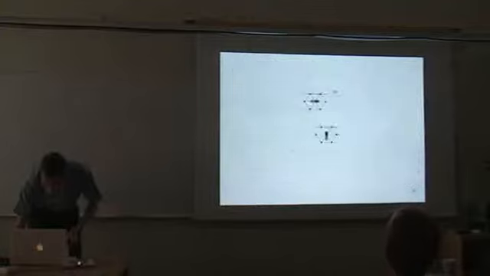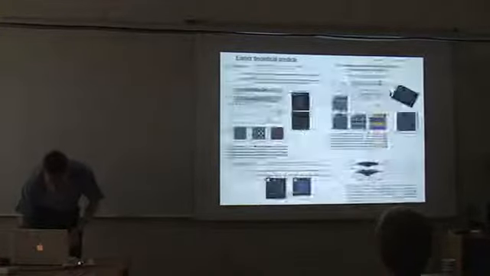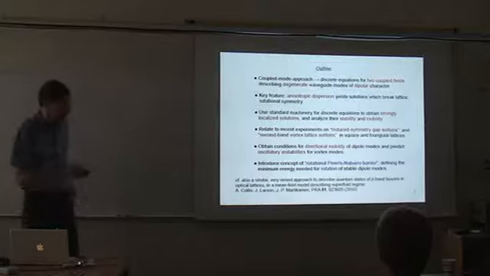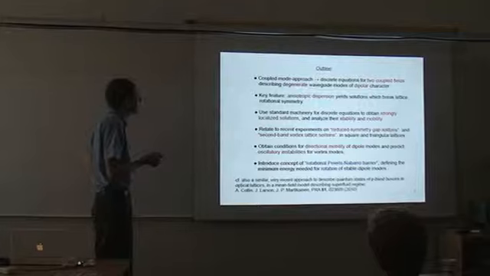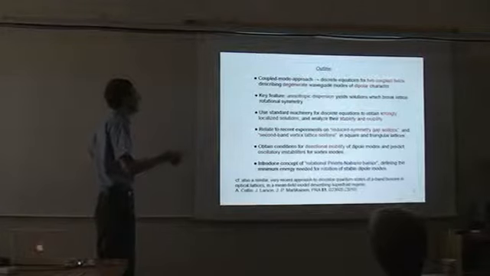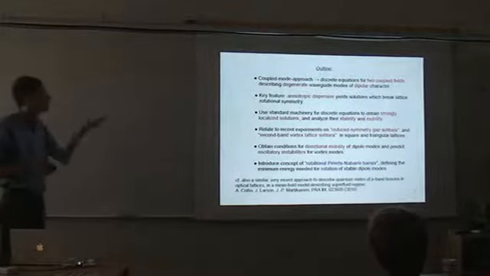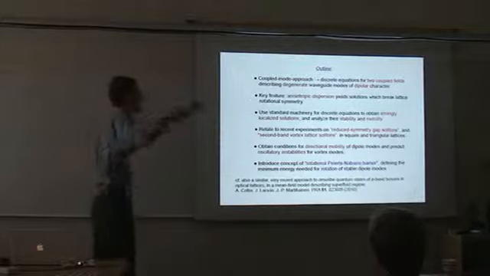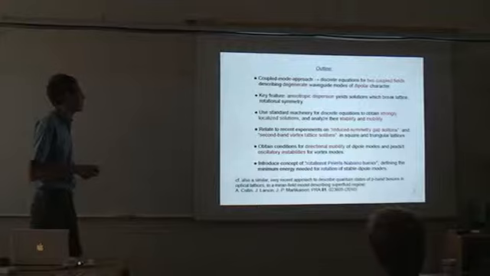So I just want to end with the beginning. What we did was that we looked at this coupled model approach to describe discrete equations for these two coupled fields, describing general equations, mostly of polar character, and we saw that due to this anisotropic dispersion, we had many features that will not appear for the more standard discrete solitons that people have been looking at for many years by now.